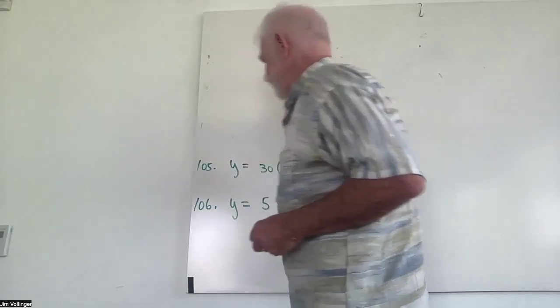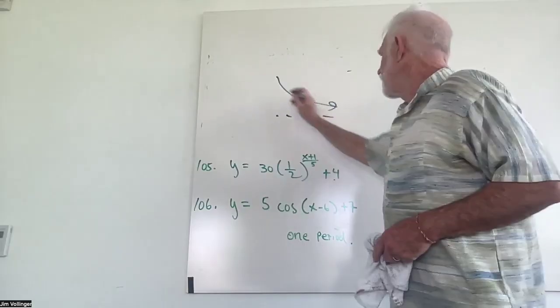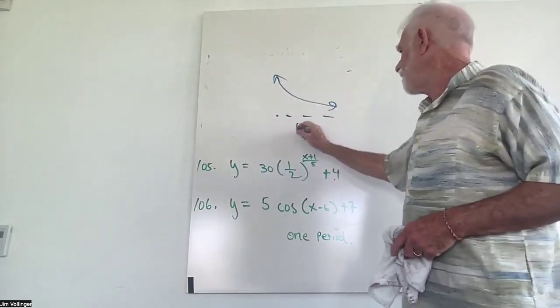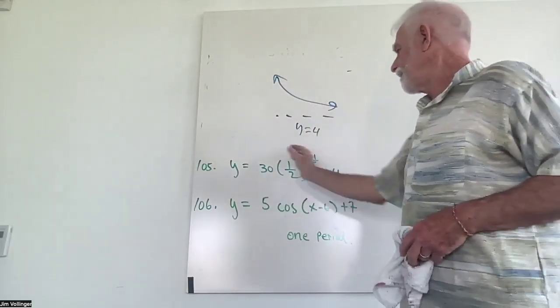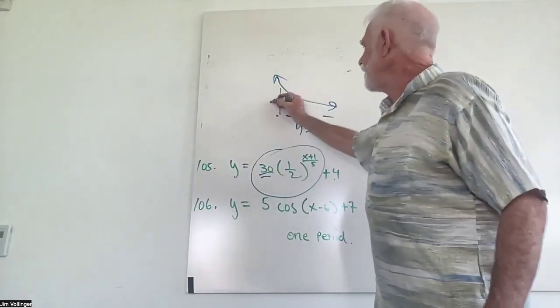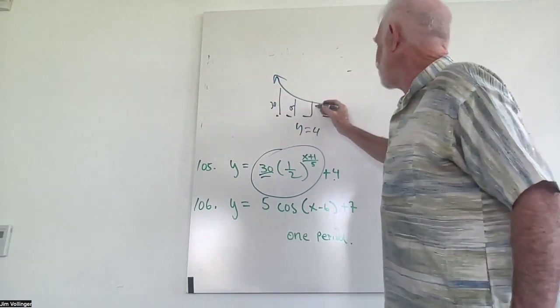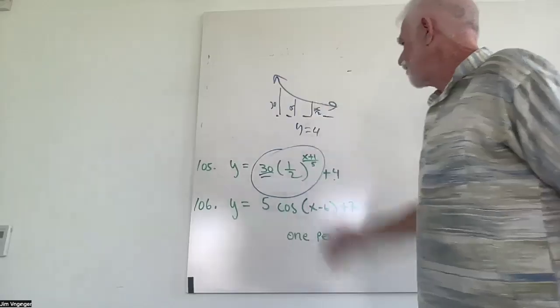Takes care of that. I see exponential decay. I see an asymptote of 4. This is the decay. That's decaying. First it's 30, then it's 15, then it's 15 over 2. Those are the differentials.